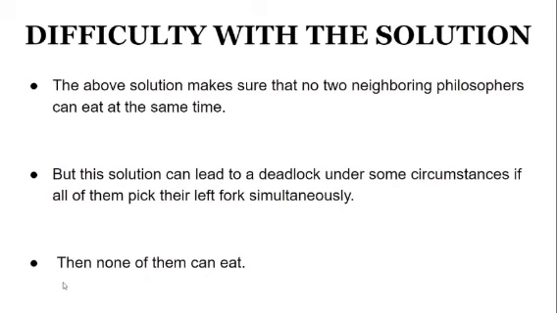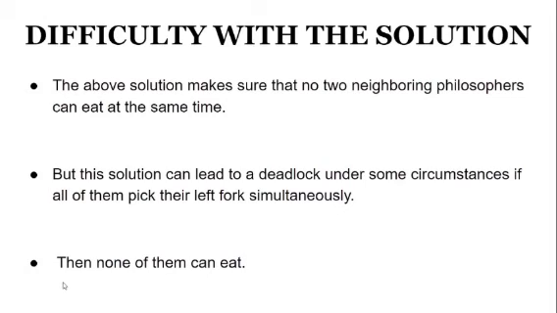Okay, now before moving on to the flaws or difficulties with the solution, let us take a look at why the solution is a success. Now, why were the philosophers unable to eat? It was only because at least two neighboring philosophers were trying to access the same fork.